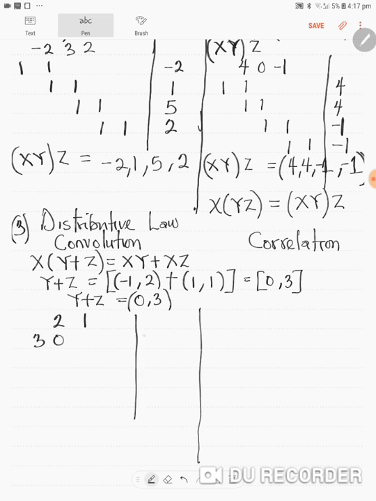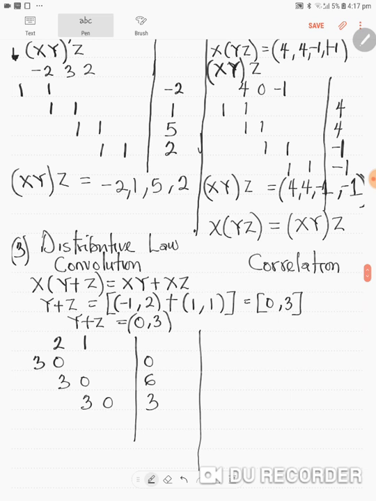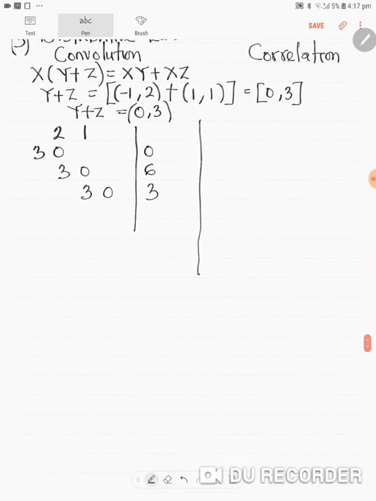Then we put our values here. 2 times 0 is 0, 2 times 3 is 6, plus 0, and then 3, 0. So x into bracket y plus z is equal to 0, 6, 3.